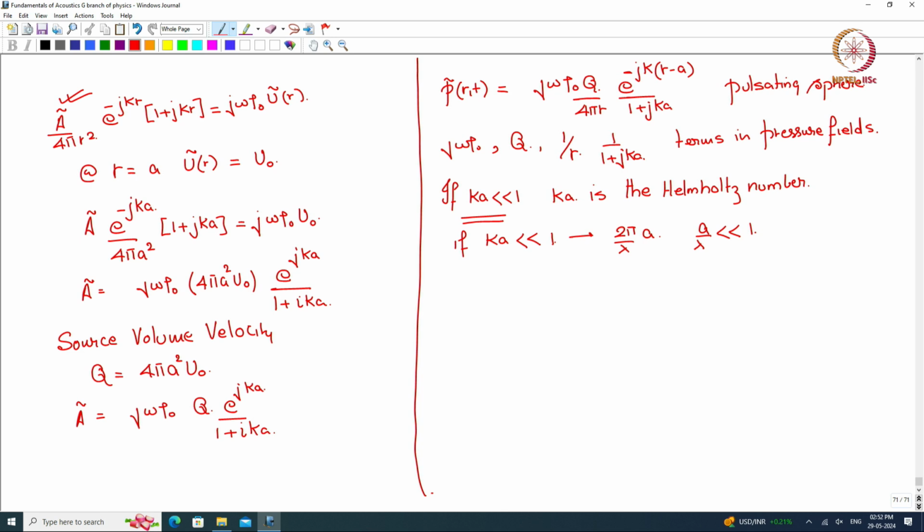Okay. So, either a is becoming small or lambda is becoming big. Okay. So this approximation or this assumption leads to what we call a monopole. A very small source, a point source, leads to a monopole approximation.